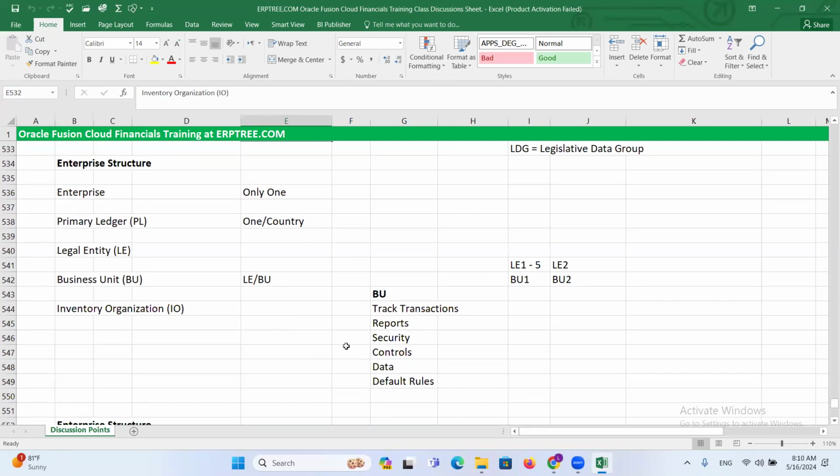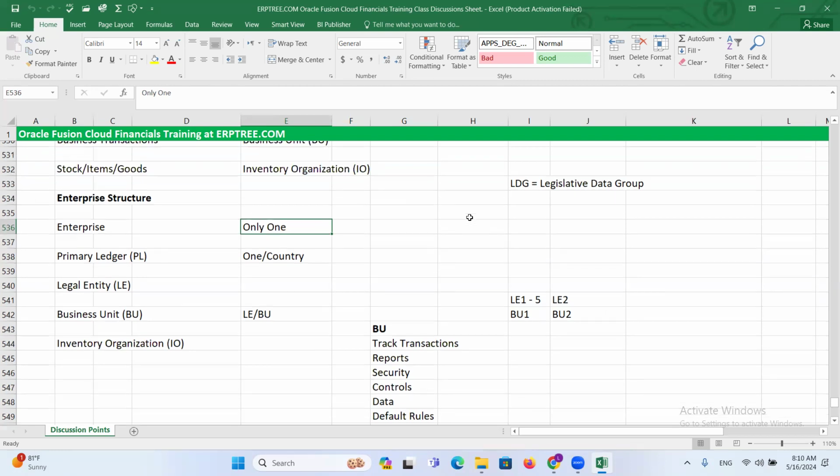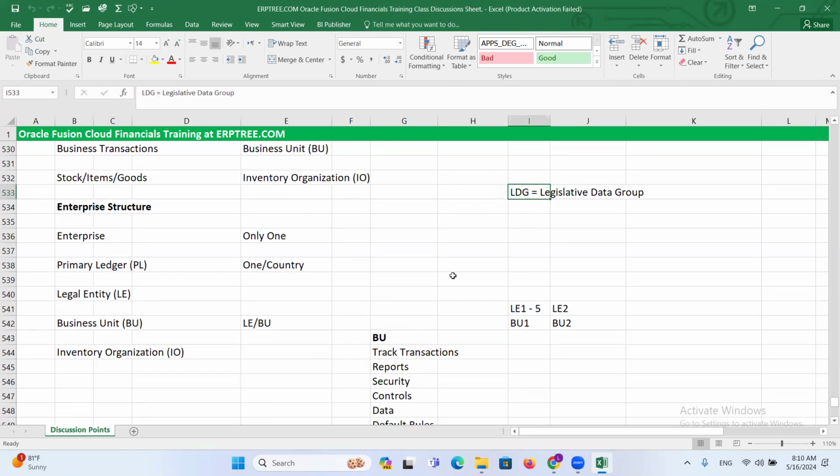And how many do we have to create as a part of implementation? Only one enterprise for one client. Within that enterprise, you can have n number of LDGs, legislative data groups, which are specific to country. If you are doing implementation for multiple countries, yes, multiple legislative data groups we can create.